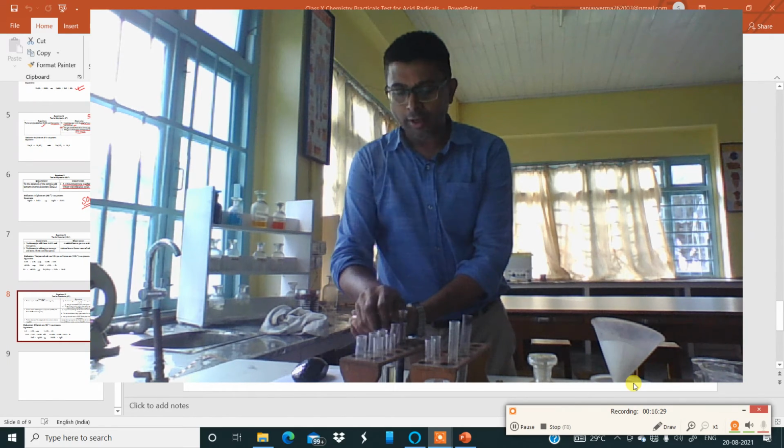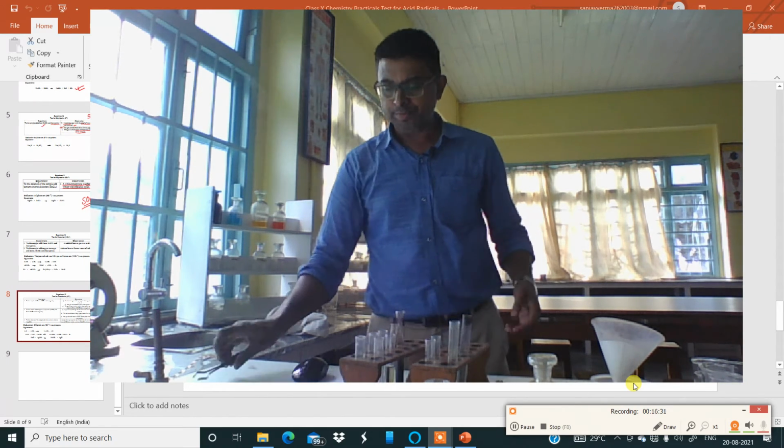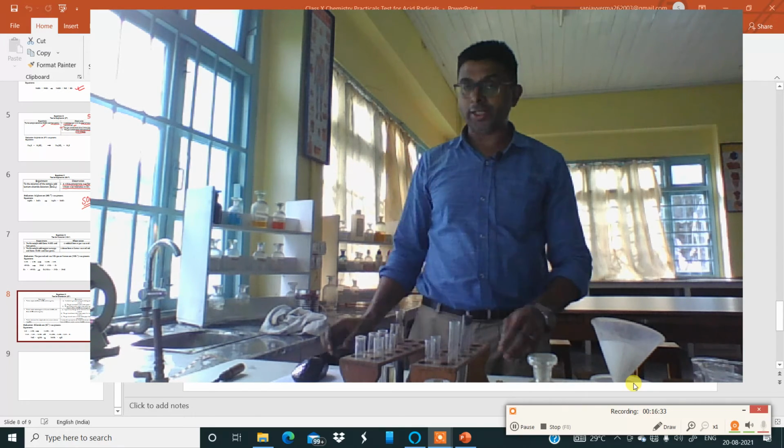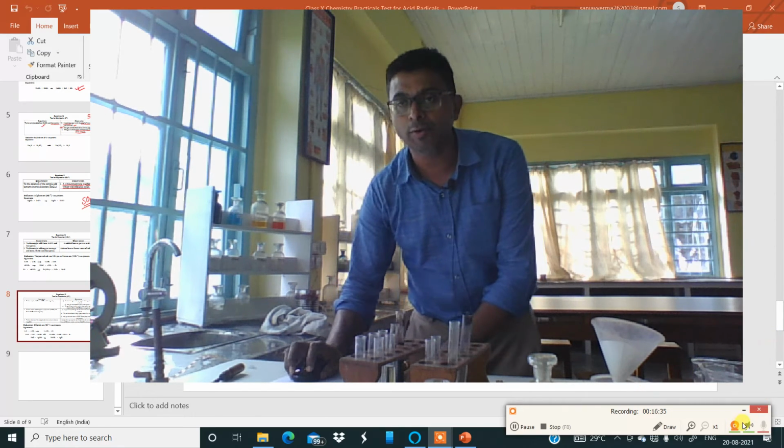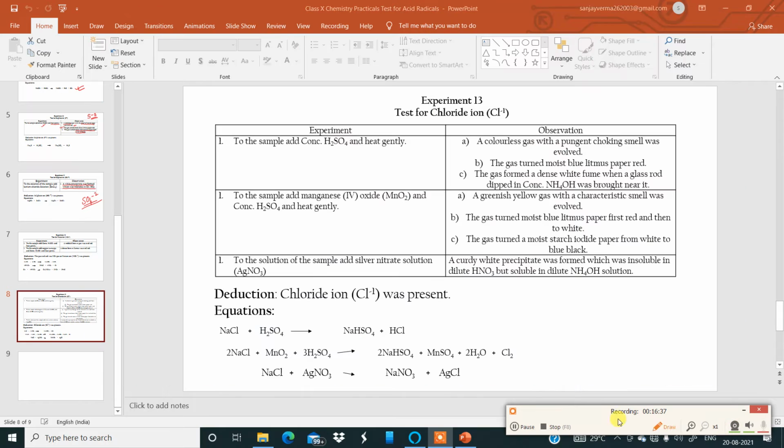Now there is one more thing I want to show you regarding the third test. On your screen you can see one more test at the bottom: to the solution of the sample, sodium chloride sample solution, we add silver nitrate solution.